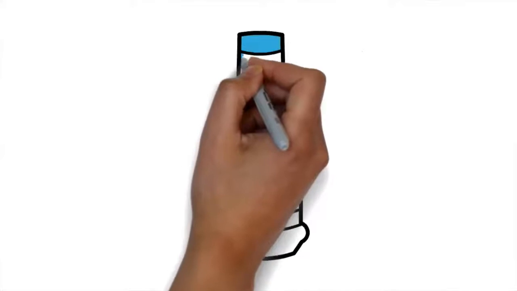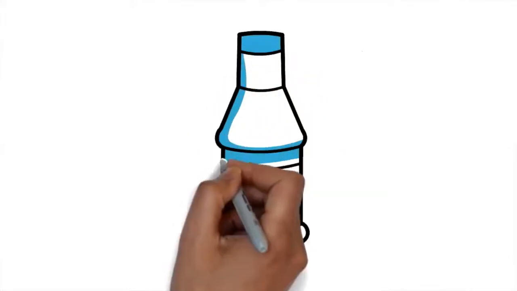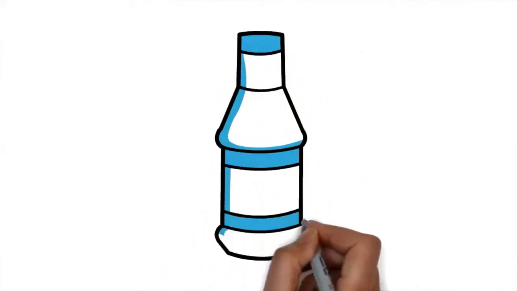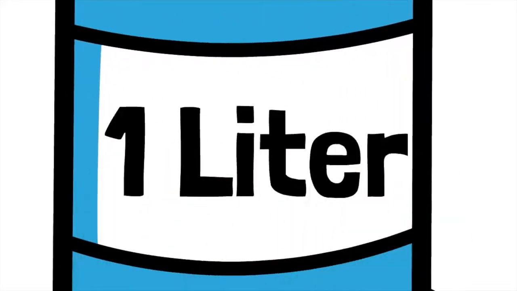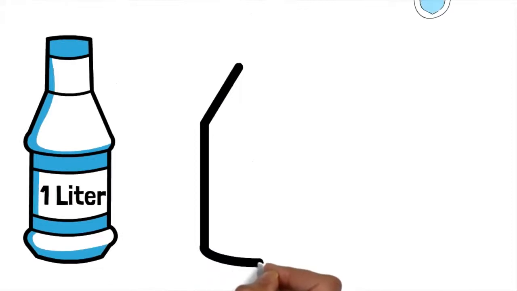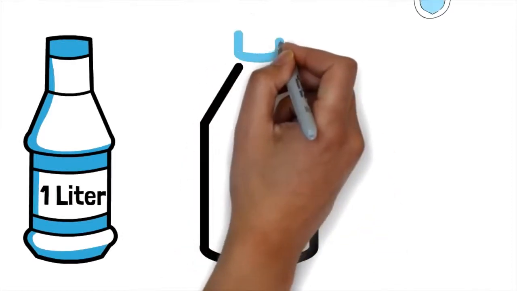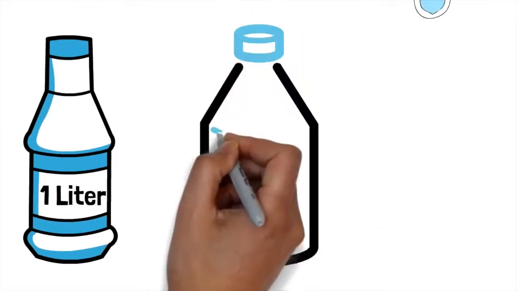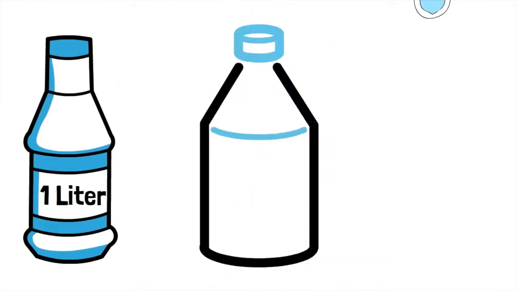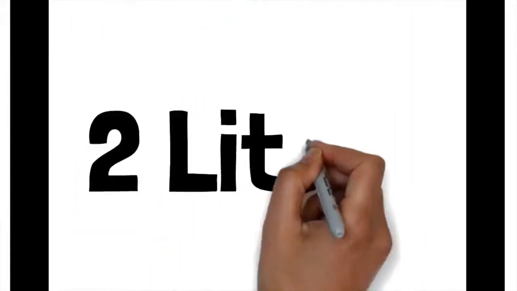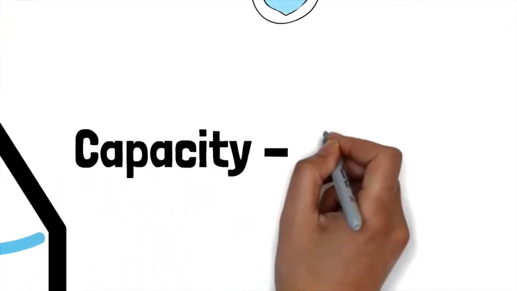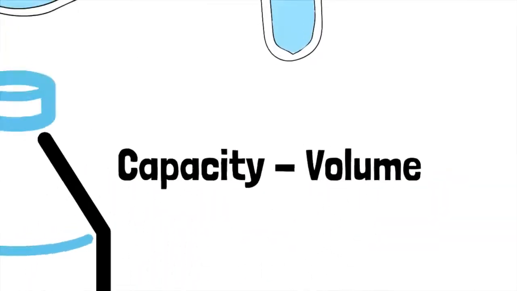Some bottles say that they have a 1 liter capacity, and some are big bottles. They say that they have 2 liters capacity. This is how you measure capacity and volume.